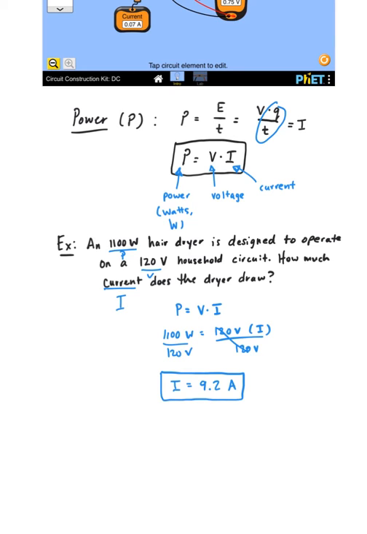So imagine having this hairdryer running and then simultaneously hooking something else up to the same circuit in series that pulls a similar amount of current, and then something else, and something else, and something else. Soon, you might be drawing so much current that you overwhelm your series circuit.